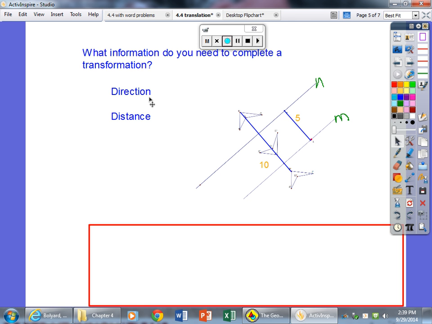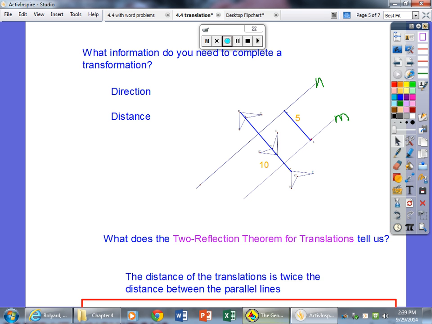Okay, so what do we need to know to complete a transformation? The first thing we need to know is direction, and the second thing we need to know is distance. Here we have the same translation that we had before, where we reflected it twice. The two-reflection theorem for translations tells us what the distance is going to be.